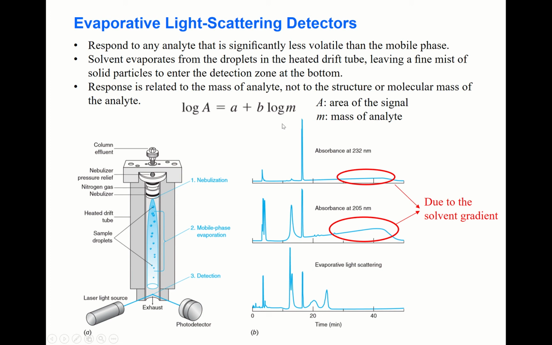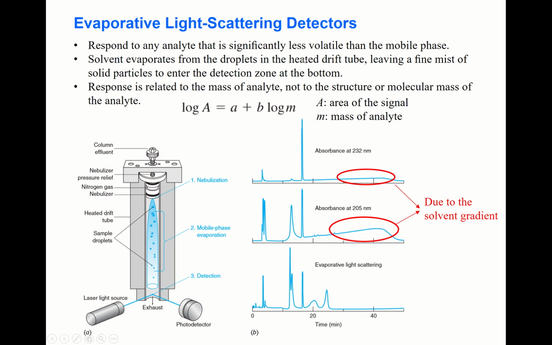So this light scattering detector can detect any particles. Let's read here. These detectors respond to any analyte that is significantly less volatile than the mobile phase.